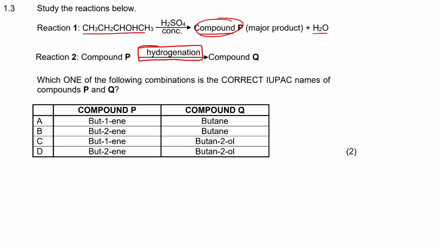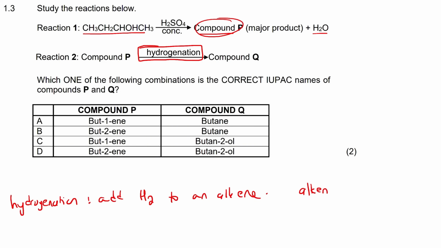We know that hydrogenation is when you add hydrogen to an alkene. Remember that alkenes are keen to do addition reactions, and this is one of them, hydrogenation. I'll give you a little example.